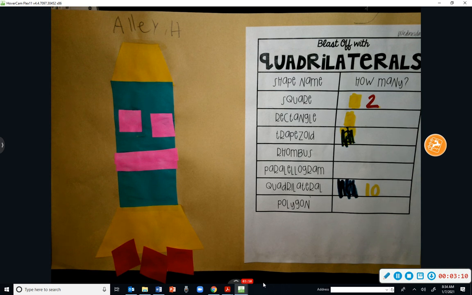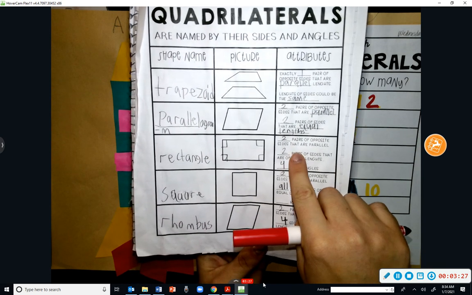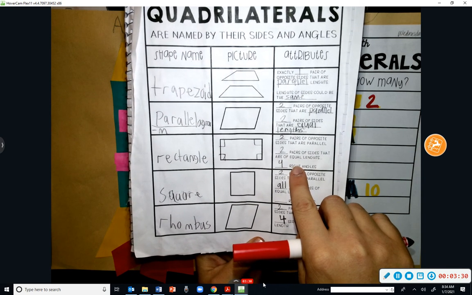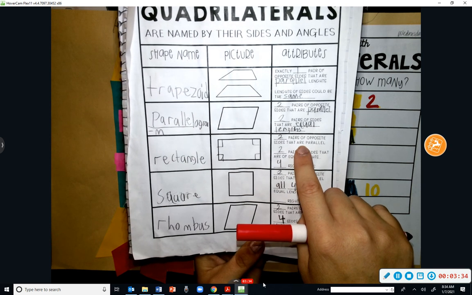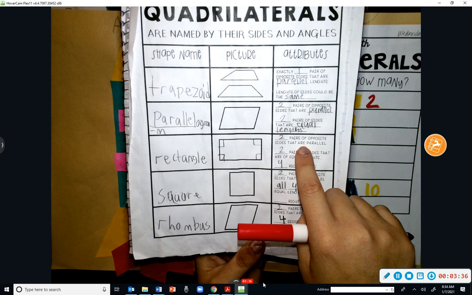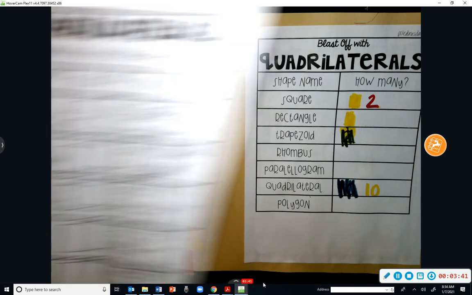It has to have 4 right angles, 2 pairs of sides that are of equal lengths, and 2 pairs of opposite sides that are parallel. So this is what we're looking at, those of you at home, and we're reading the rules. Okay? So let's just start with 4 right angles.